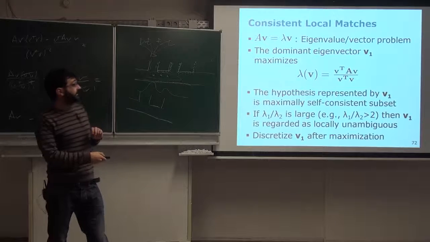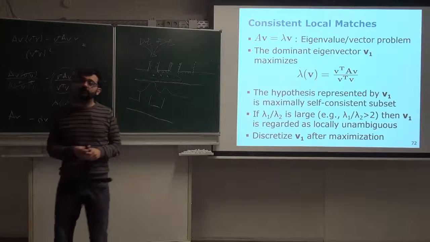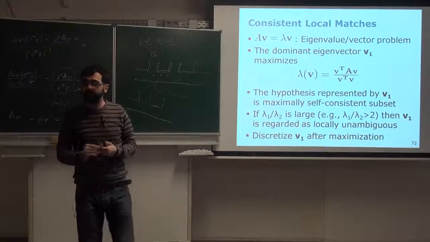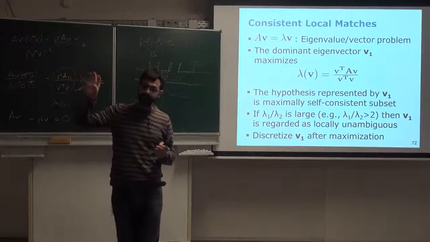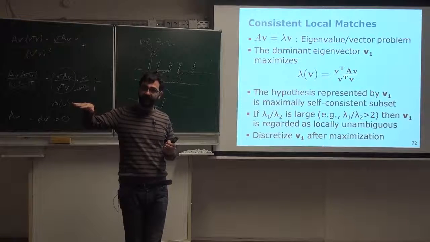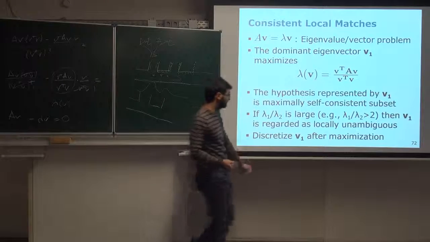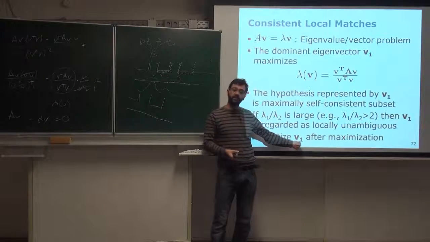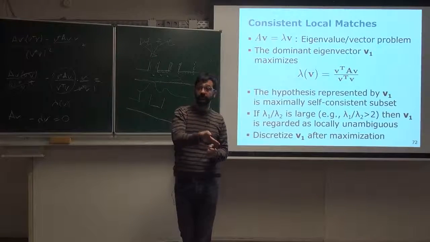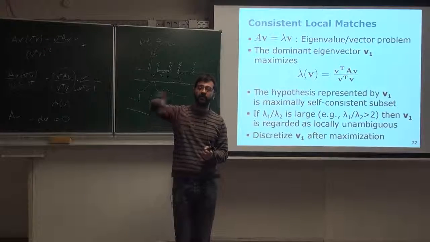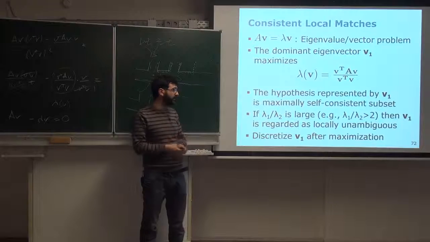Now, the problem which is left is this last one, where we want to discretize V1. Okay? The problem there is that we want to go back from something which is between 0 and 1, a normalized vector, to something which is 0 or 1. The main trouble we have here is to find the threshold for which we can say if everything is below this threshold, you get 0. And if everything is above this threshold, you get 1 in V. There are two ways of doing it.